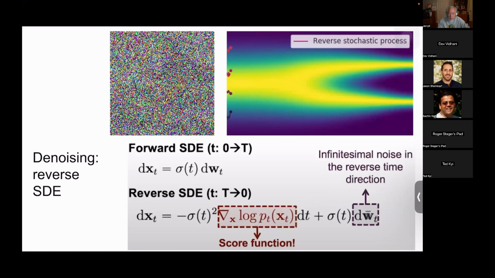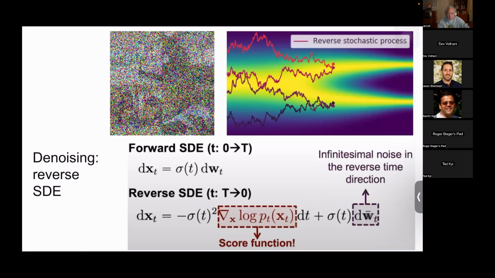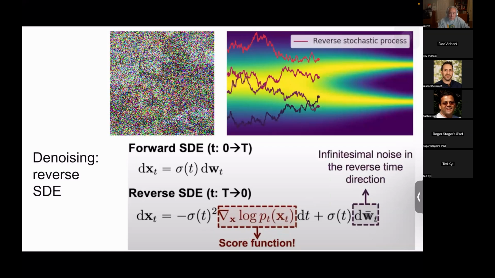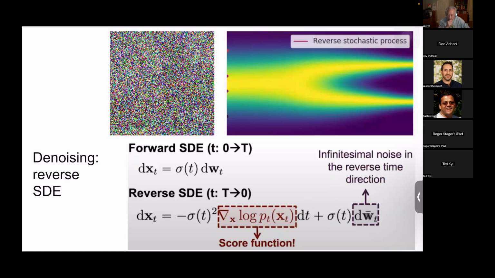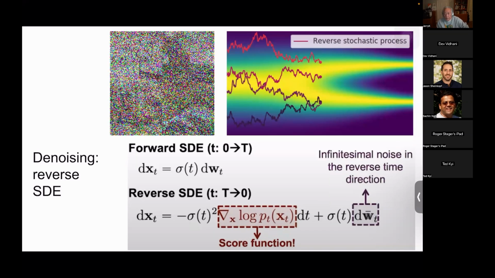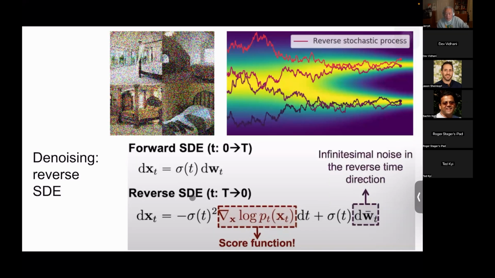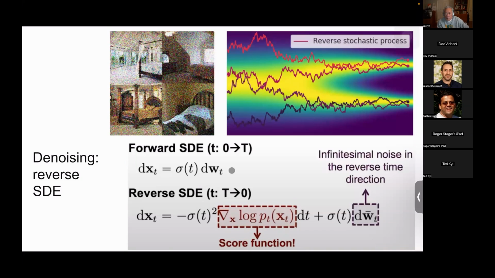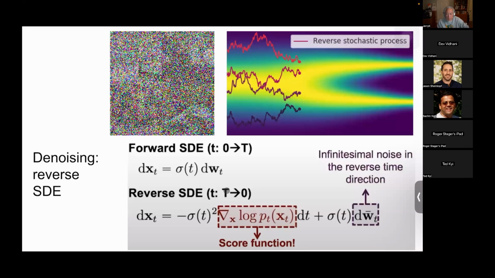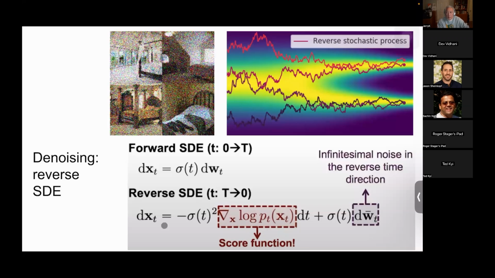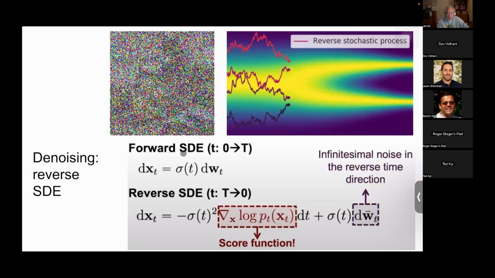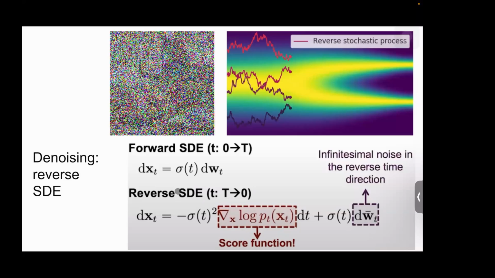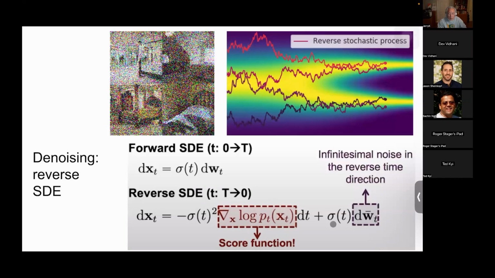There was another video where one of the co-authors had two videos playing side by side, and the point he was trying to make was that you cannot tell which one was the forward and which one was the reverse process. This was for the Brownian motion, not so much for the images as you see here. The motivation was to help people get better intuition about how the forward process and the reverse process are both SDEs with the similar Brownian motion formulation.